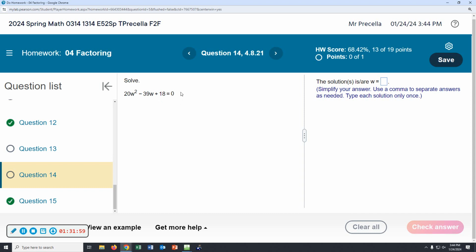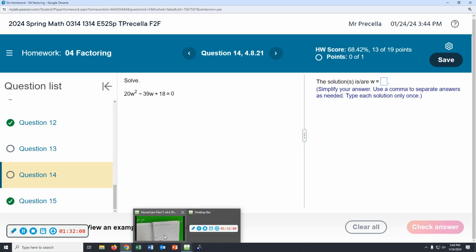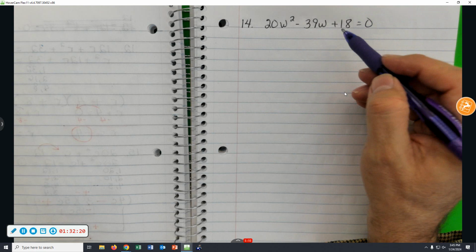No, it's a 20v squared plus 37b. Well, is it in standard form? Do I need to move anything around? No, it's already in standard form. I know something nice about the signs. What do I know?